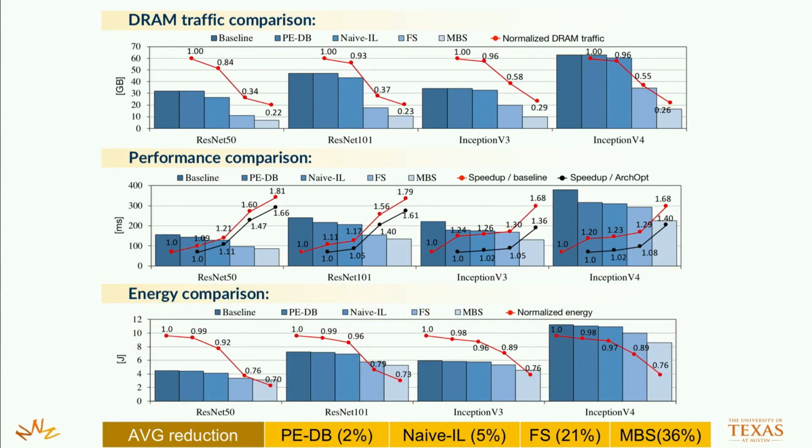And lastly, I show the energy comparison, and this shows the energy per training iteration in joules. Unlike the other configurations, MBS achieves about 36% energy reduction. It still does all the computation required for the training iteration, and its major gain comes from the reduced traffic and the reduced static energy.